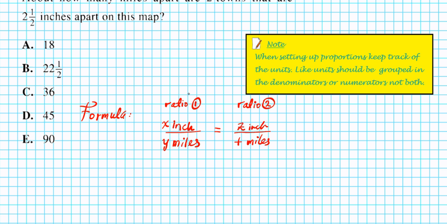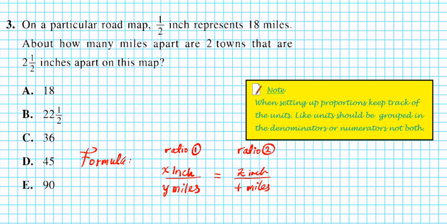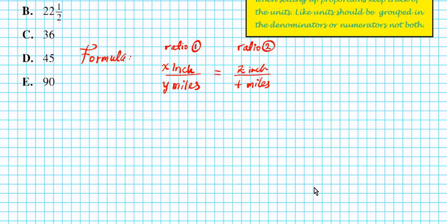So let's go ahead and apply this formula to this situation here. The first ratio is 1/2 inches and 18 miles. So we have our proportion statement here, our proportion.